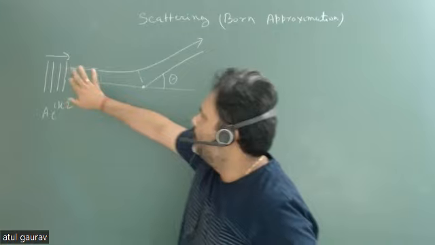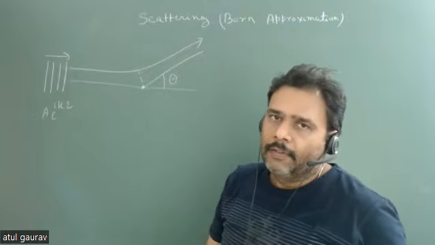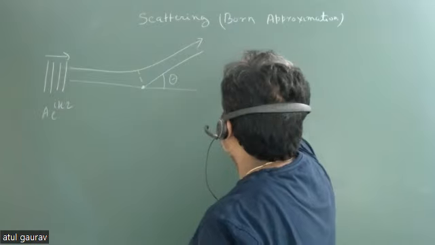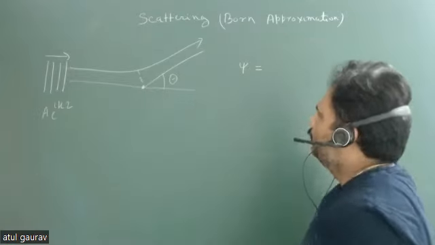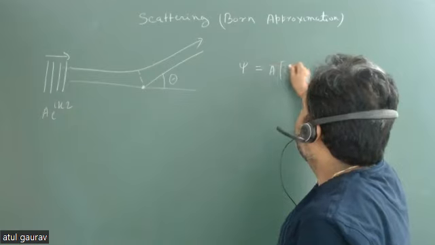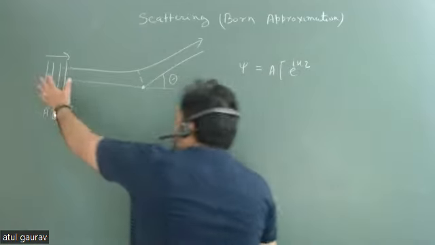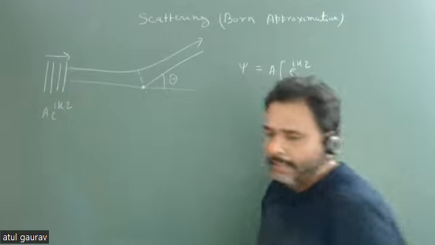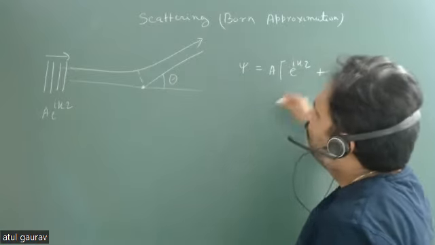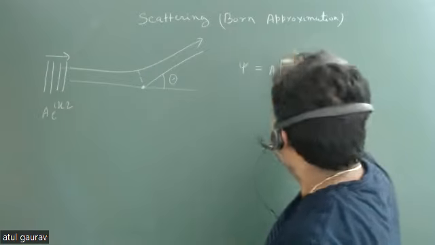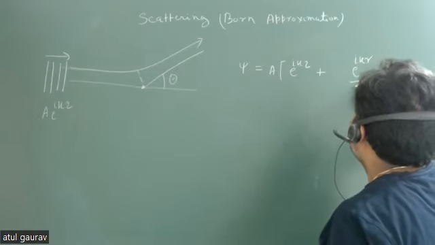So if we want to write the complete solution of the Schrodinger wave equation, it will be some amplitude A times the superposition of the incoming wave, because it will always be there, plus, after the scattering at very far away, the spherical wave, which is e to the power ikr upon r.